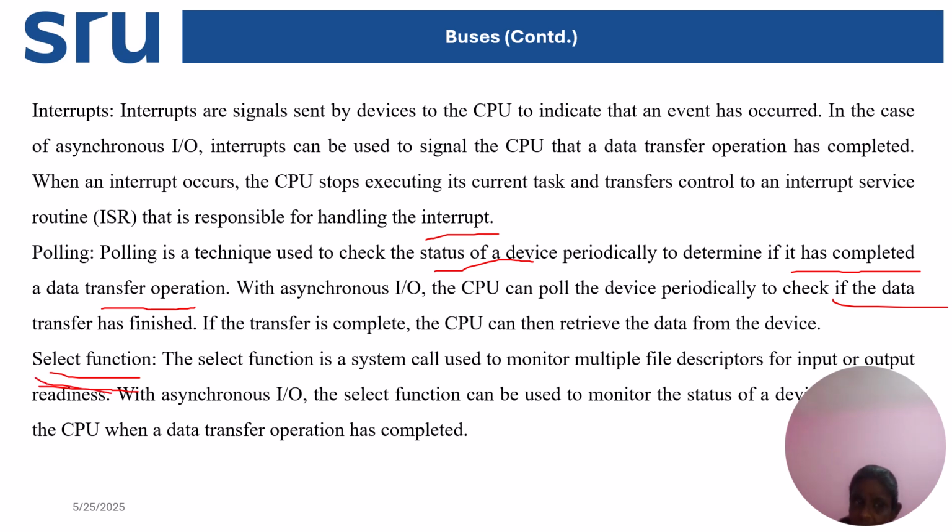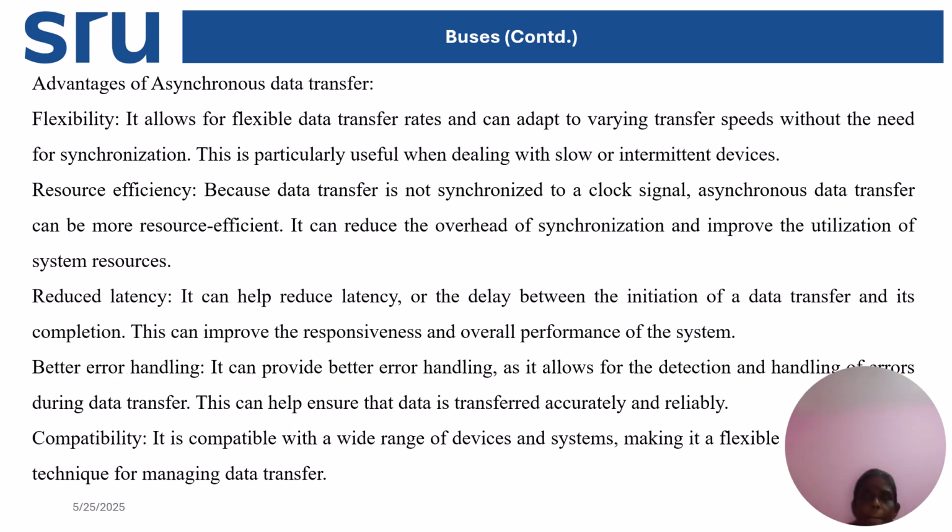For that, the select function is used for specific IO devices, because so many IO devices are connected to so many processors. Here, with multiple processors and multiple IO devices, the select function will be used for the corresponding IO device to get notice of the end of the data transfer.